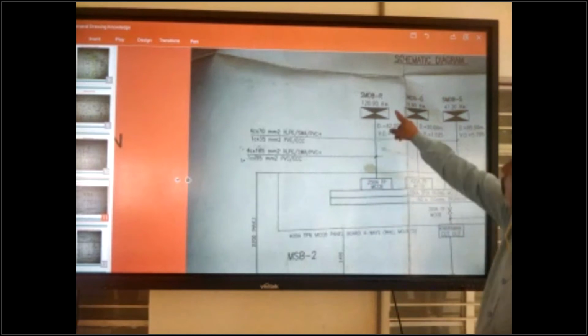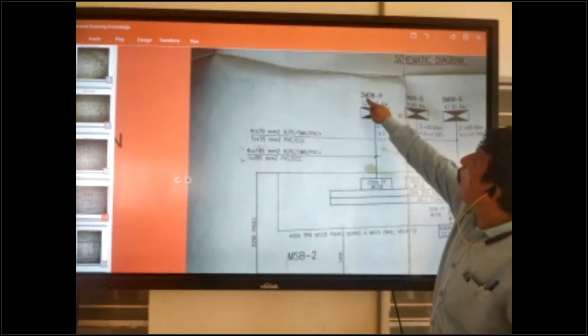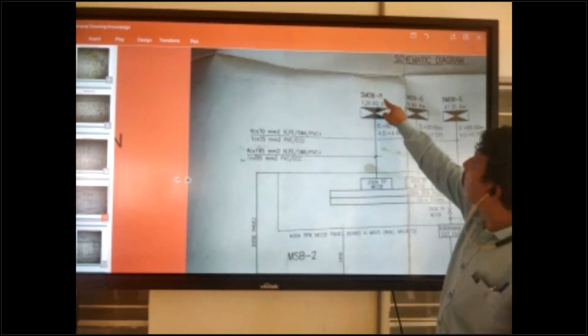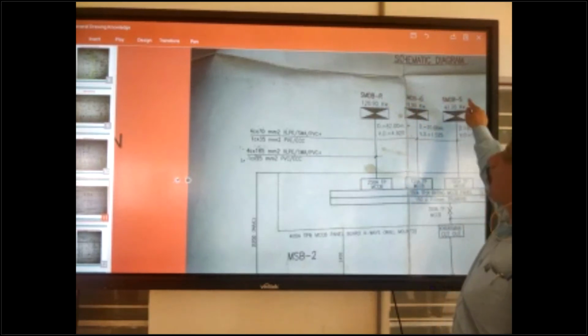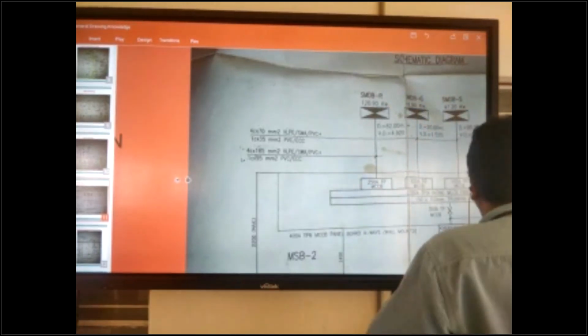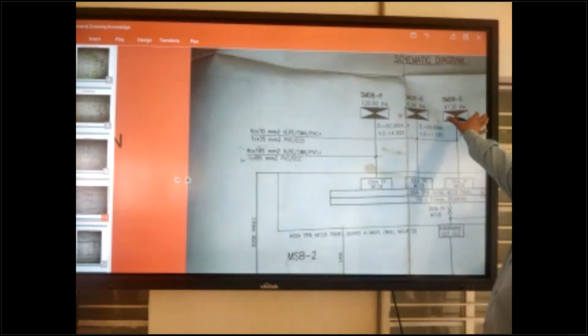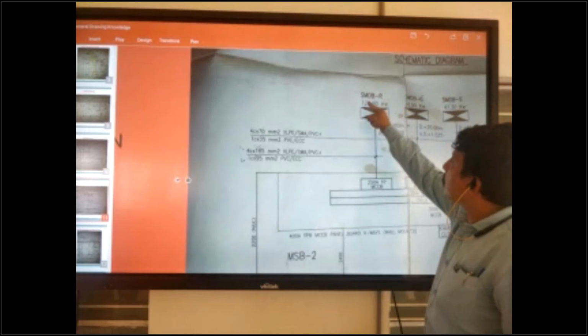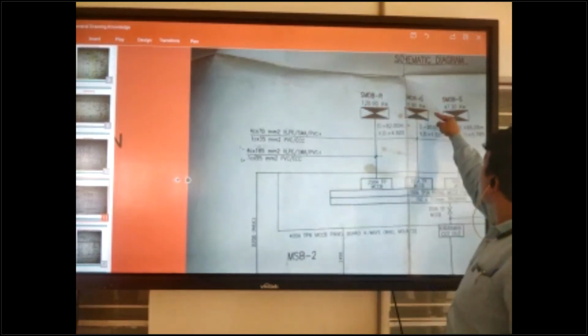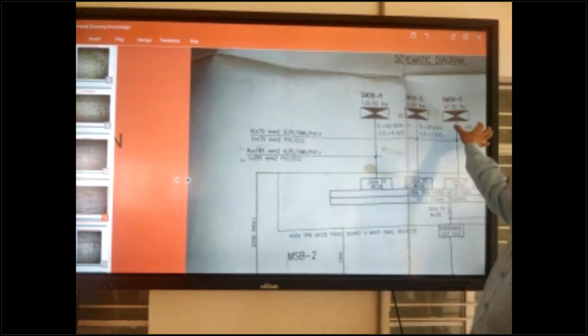So the sub-main distribution boards have names like SMDB-R, SMDB-G, SMDB-F. This is the symbol of the SMDB.